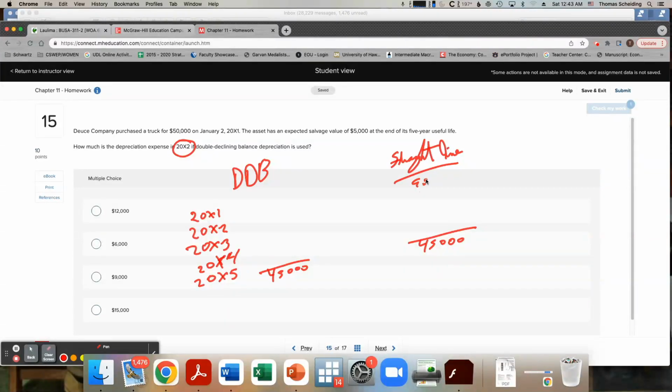We would just take $9,000 a year, and it'd be the same every year. After 5 years, 9 times 5 is 45,000. So that would be our straight line method, the method we've already looked at before.